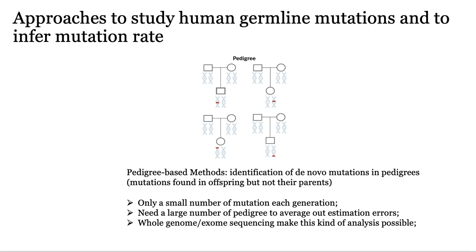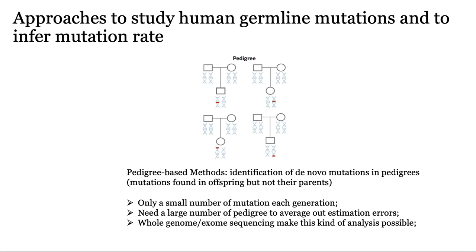That's always challenging. So usually you need to have a large number of trios to average out error so you can get a relatively accurate estimation of mutation rate. But this kind of design is only available recently because we have whole genome sequencing.